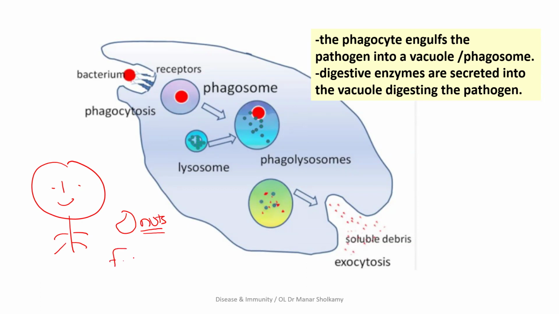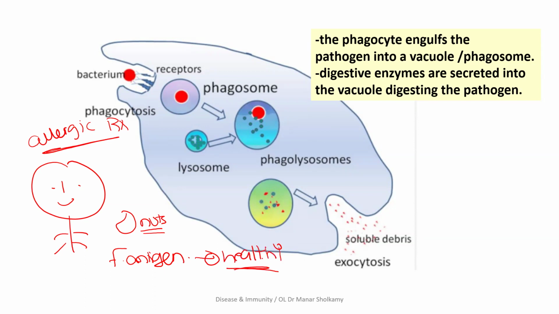They are foreign antigens, yes, but they are healthy. Normally, they do not cause an immune response. But your body decides that the nuts are not nice, so it will attack. Here you will have an allergic reaction. This is when your body reacts towards a foreign antigen that is healthy, that does not cause disease, that should not be attacked, like strawberry, like nuts. Okay?